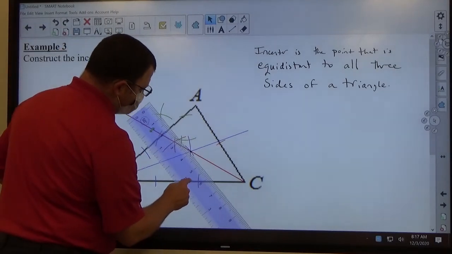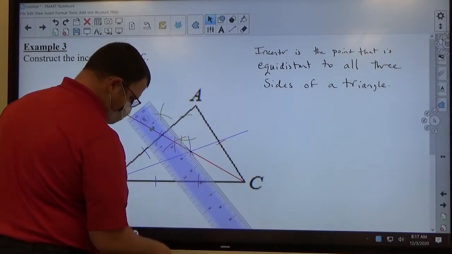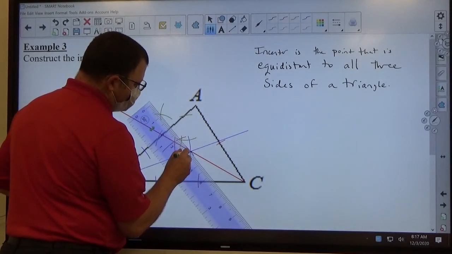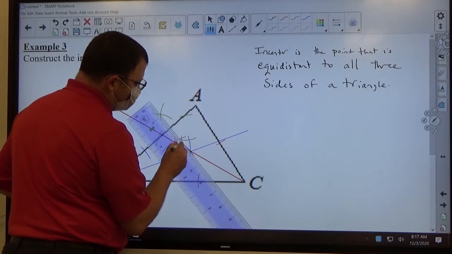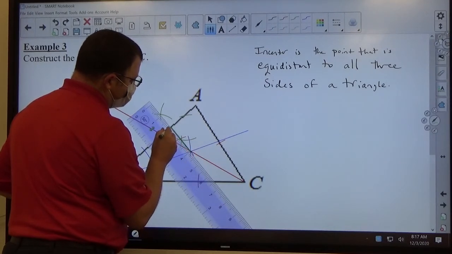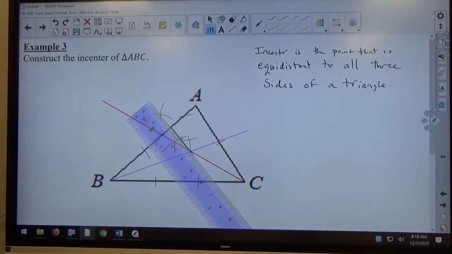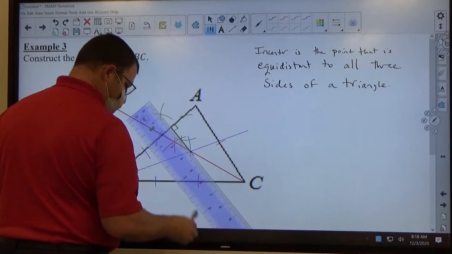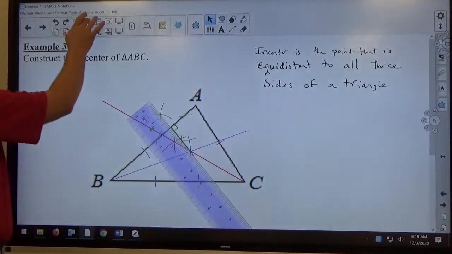As you can see, mine's going through the in-center as well. So if I just connect those, and again, I simply want to go from the in-center to the side. Okay, that is a perpendicular, like so.